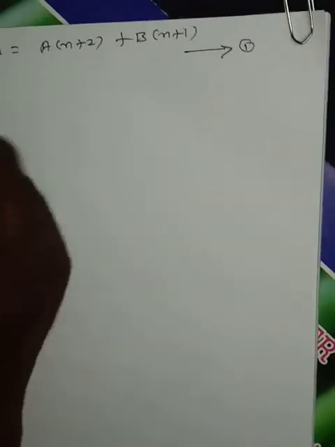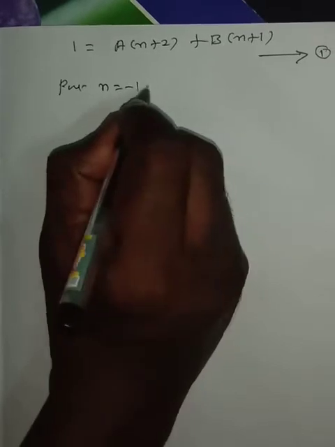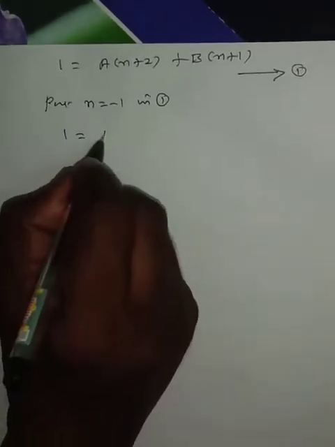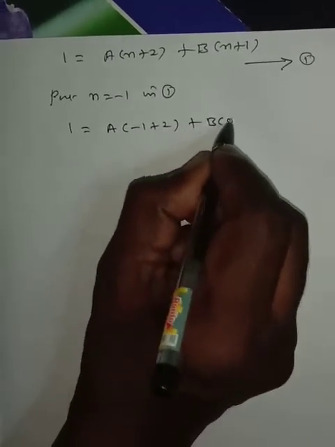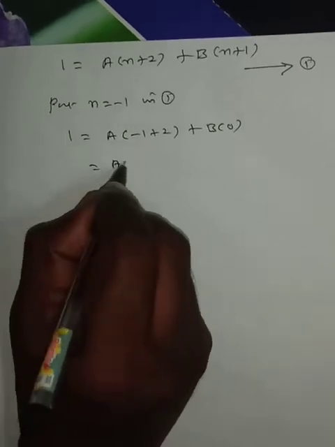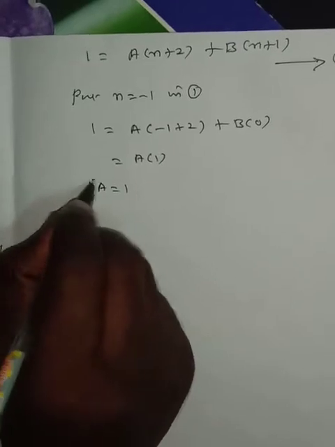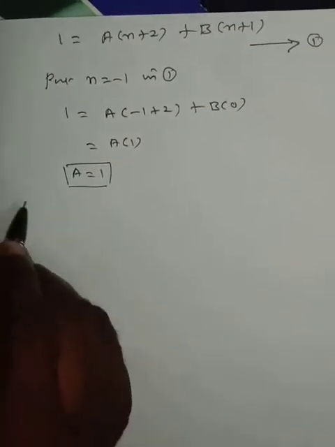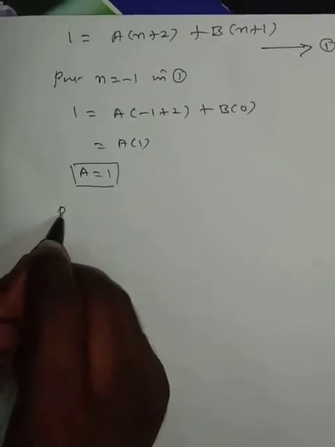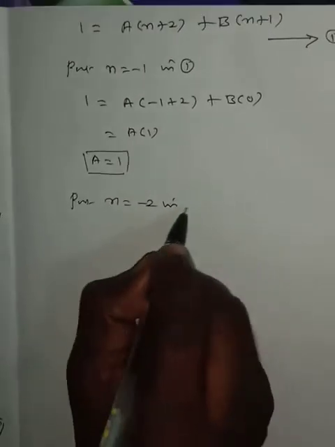Now put x is equal to minus 1 in equation number 1. We have 1 is equal to a into minus 1 plus 2 plus b into 0. So a into 1 is equal to positive 1. Substitute x is equal to minus 2 in equation number 1.